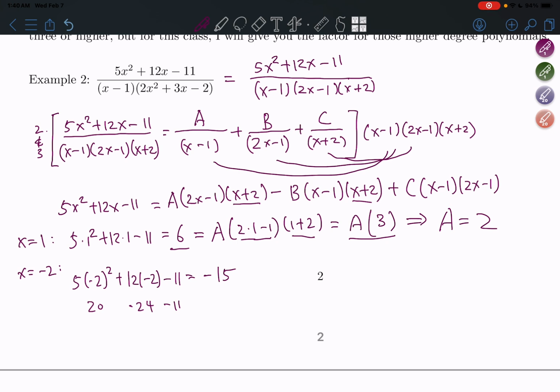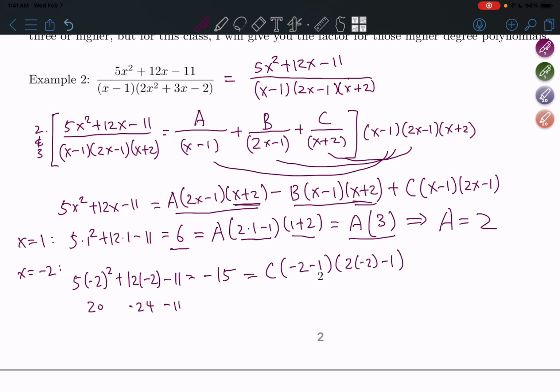Okay, and then, as we were saying, the a term goes away because it's x plus 2. The b term goes away because it's x plus 2. The c term is the only one remaining, so this is equal to c times negative 2 minus 1 times 2 times negative 2 minus 1.